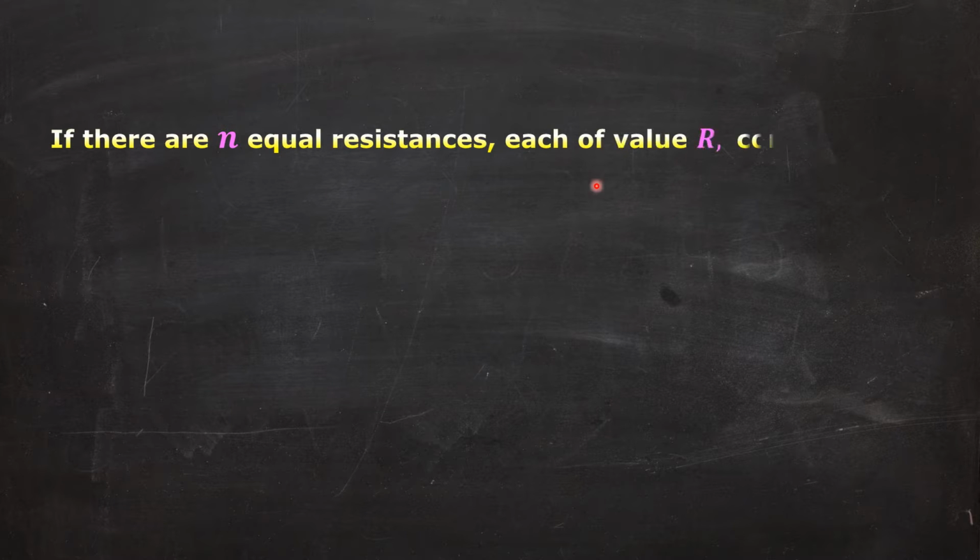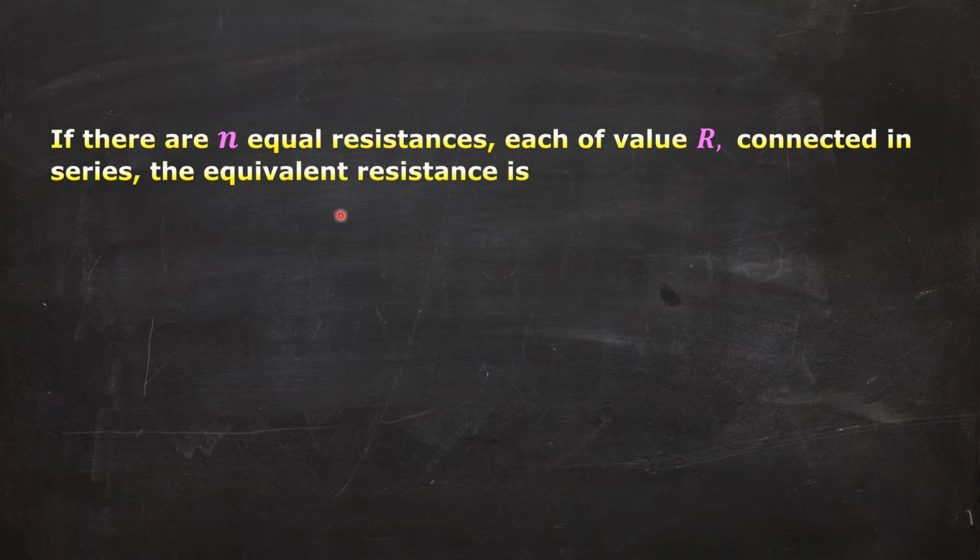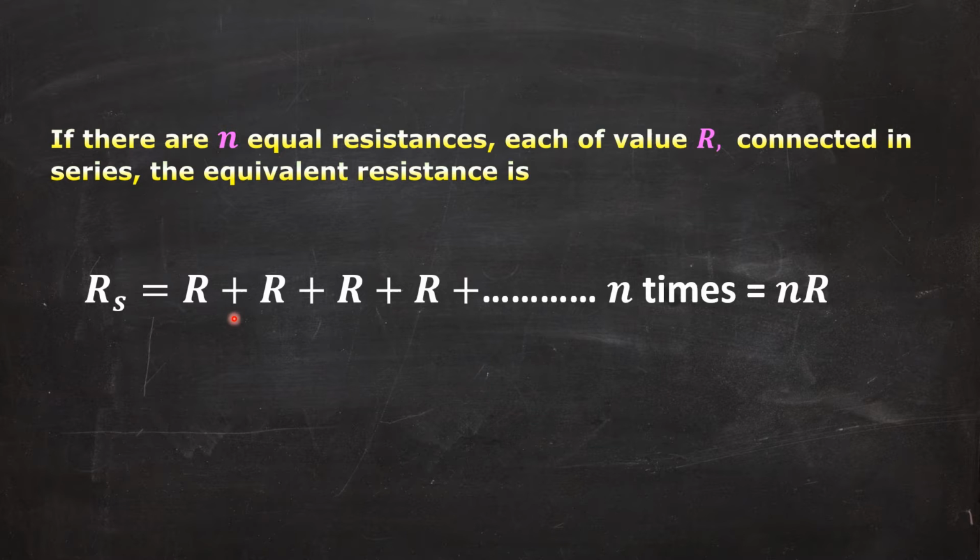Now let us see another formula. If there are n equal resistances, each of value R, connected in series, the equivalent resistance is Rs equal to R plus R plus R up to n times, which gives n into R. In this formula, n is the number of resistors and R is the resistance of each resistor.